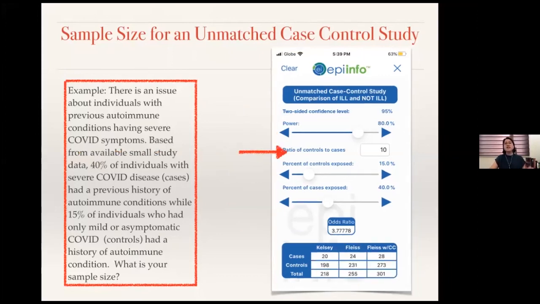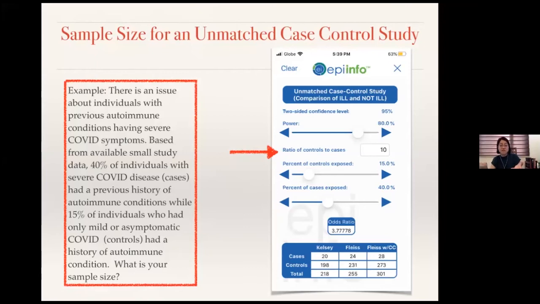So look at the ratio of controls to cases. Because I know there are way more mild or asymptomatic COVID cases as compared to the severe, I said I want for every 10 mild or asymptomatic, I have one severe COVID case.